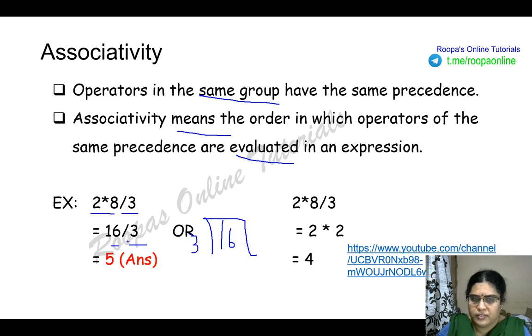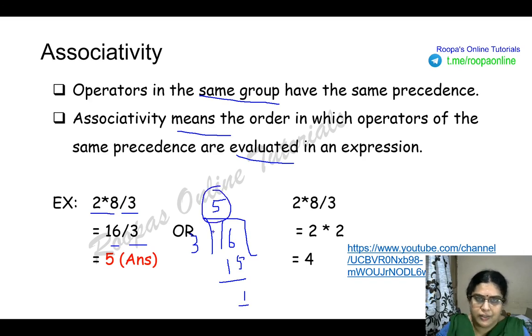If it's an integer division, 3 fives are 15, so it gives the answer 5. If you're doing a decimal division, it will give you the appropriate value, 5.3 or something. The remainder is 1, but we'll not worry about that now.